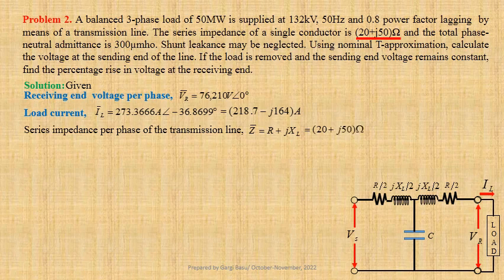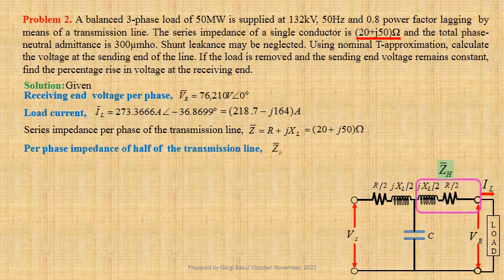Now we shall calculate per phase impedance of half of the transmission line. ZH equals half of Z, that is equal to 10 plus j25 ohm. This may be written in polar form as 26.926 ohm at an angle 68.2 degree.